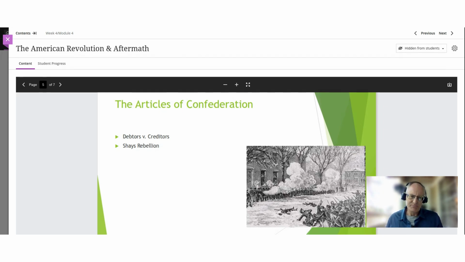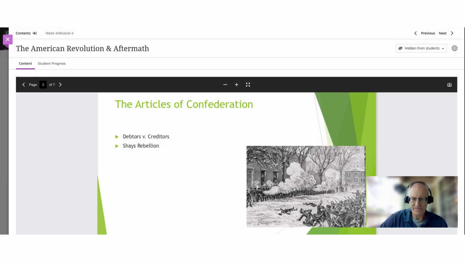These were taxes that the local people of Massachusetts could not afford, and so as a result, the courts began to seize property that was in default when it came to taxation. One such property in Massachusetts belonged to a war veteran, a man by the name of Daniel Shays.